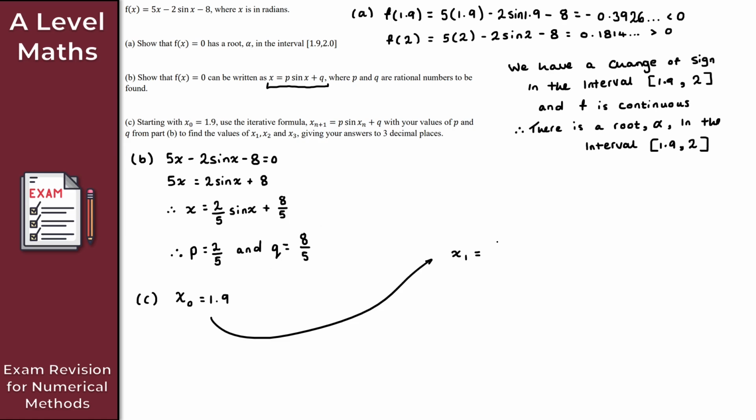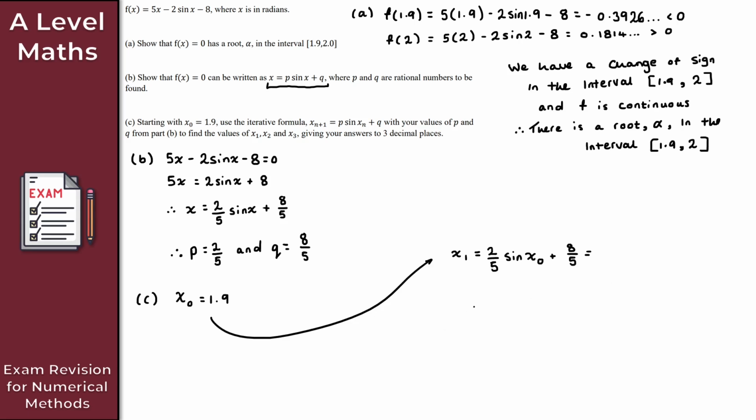So altogether then, what I've got here is 2 over 5 sine of x naught plus 8 over 5. And all we need to do here then is just put this into our calculator using x naught equal to 1.9, and that would give us x1.